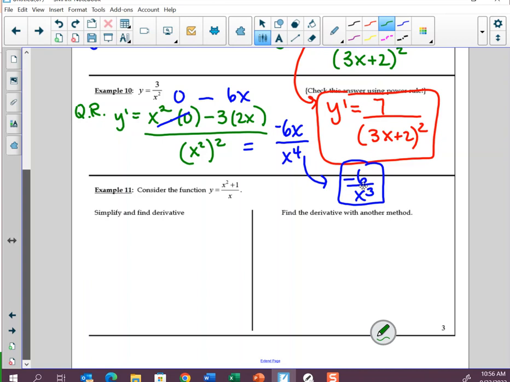Others, though, you may look at that and think, hey, I can do something else with it. I could rewrite it, and then do the derivative. So one option would be, you might look at it like that.